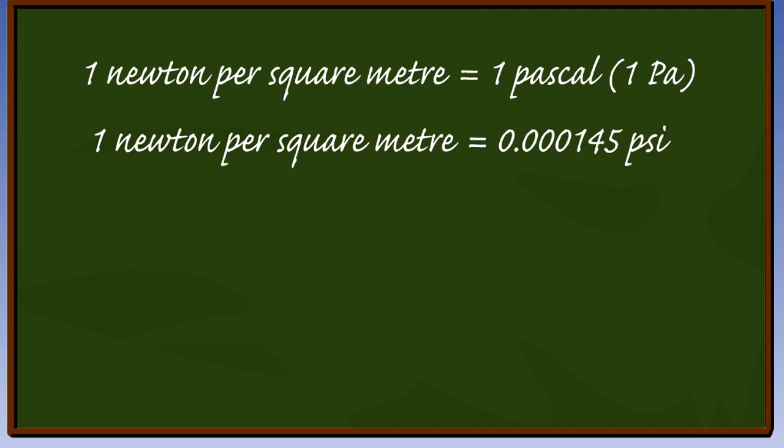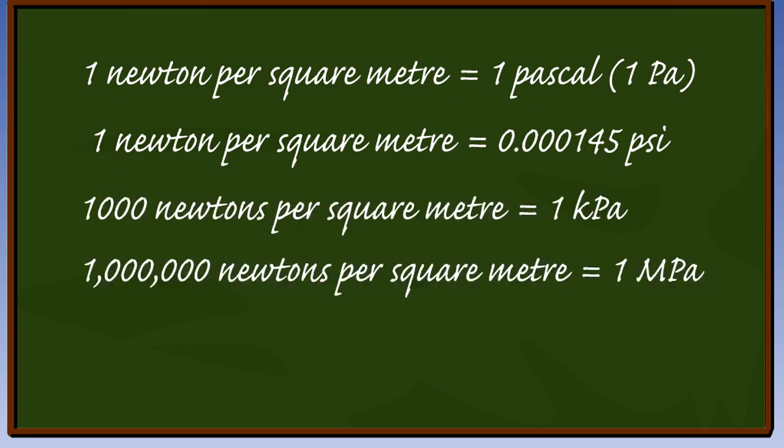It is probably worth noting that a pressure of 1 newton per square metre is very small. It is equivalent to 0.000145 pounds per square inch. So the more commonly used metric units are kilopascals or megapascals, abbreviated to kPa or MPa.